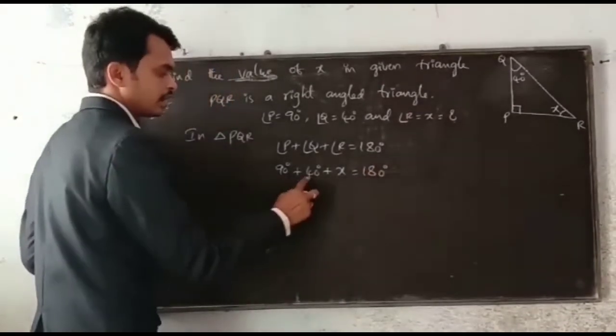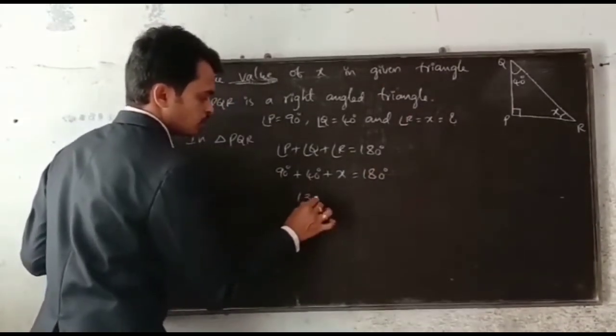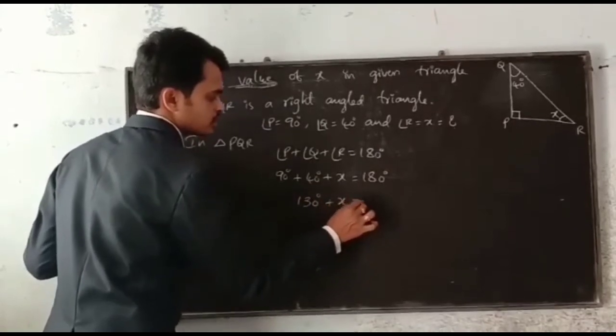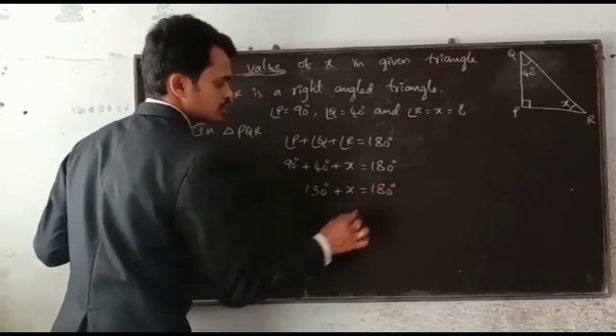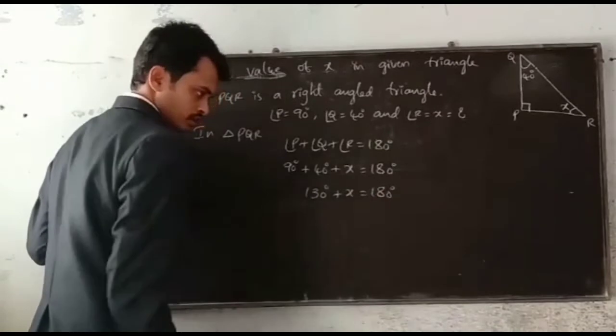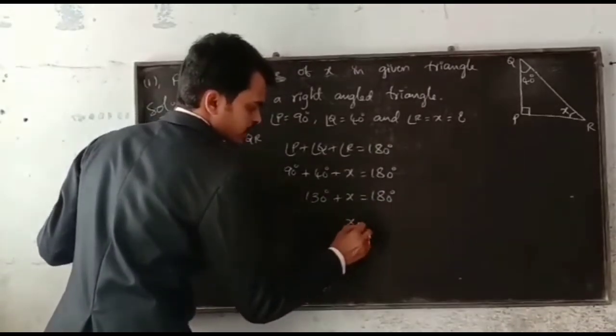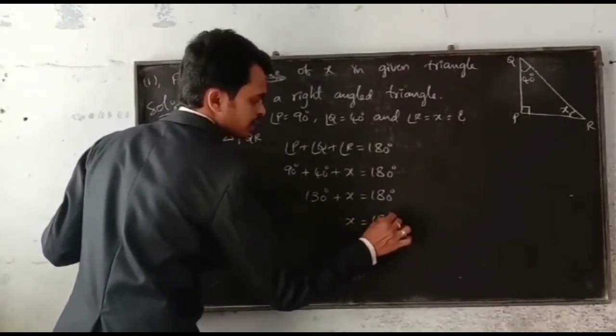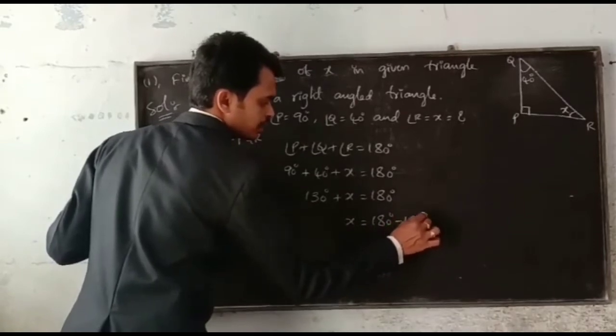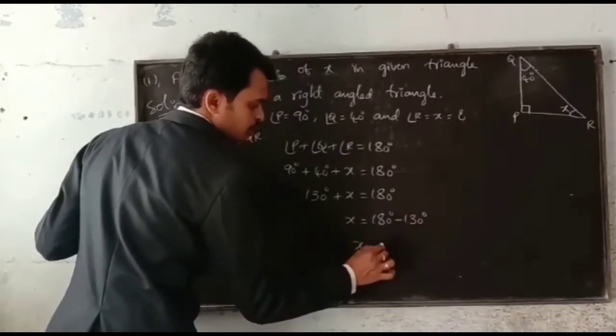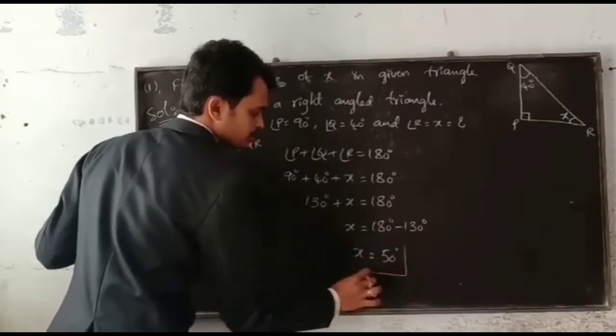Now we add: 90 plus 40 is 130 degrees, plus x is equal to 180 degrees. Now 130 transposes to the RHS, then x is equal to 180 degrees minus 130 degrees. Then the x value is 50 degrees.